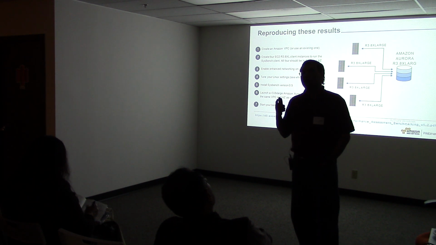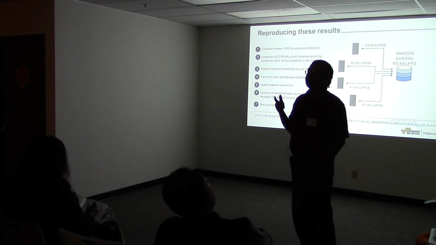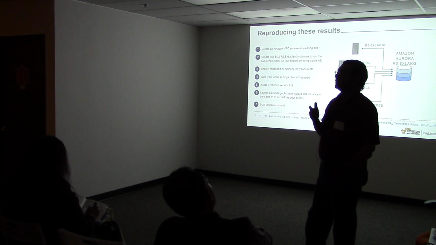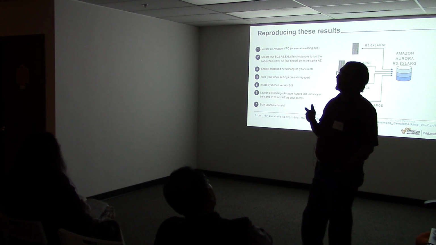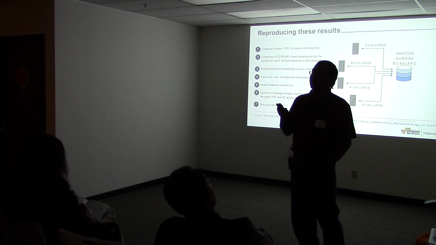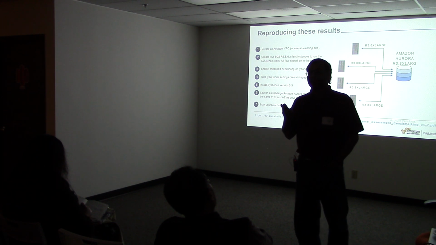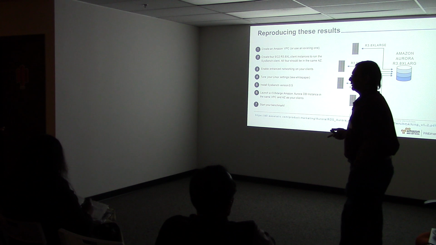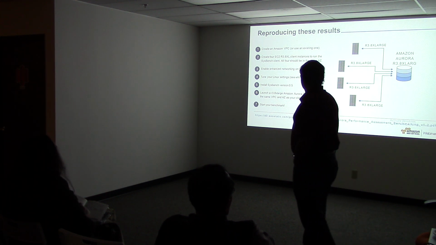Another thing people sometimes make the mistake of is running the clients in a different availability zone than Aurora. If you do that, the network becomes the bottleneck and you don't get to 100,000 writes and 500,000 reads per second. So there are some interesting tips here.